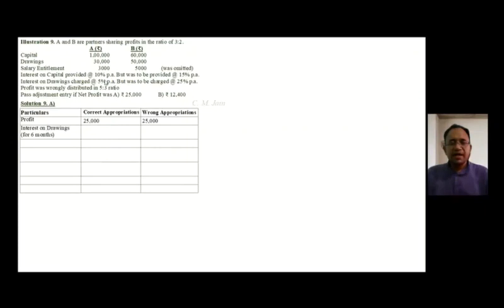So as per correct appropriations, interest on drawing was to be charged at 25% per annum. 25% means 1/4. So in case of A, 1/4 of 30,000 is 7,500, but that will be for the whole year. For 6 months, it will be half of that. So half of 7,500 is 3,750.